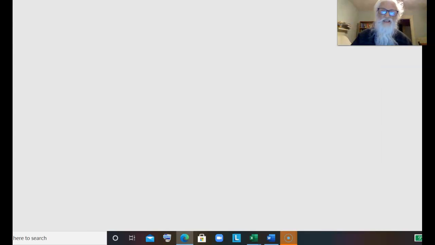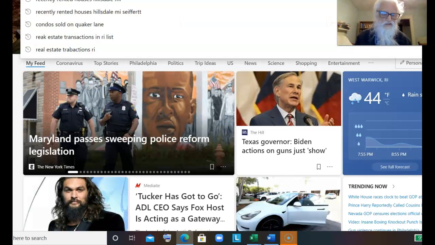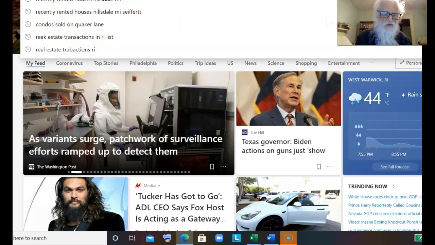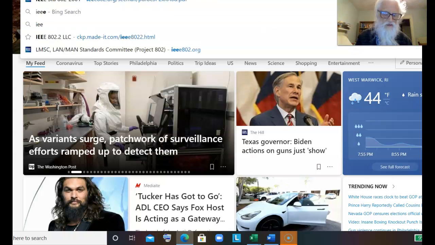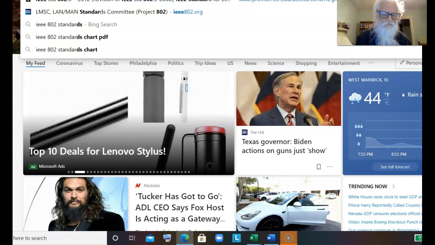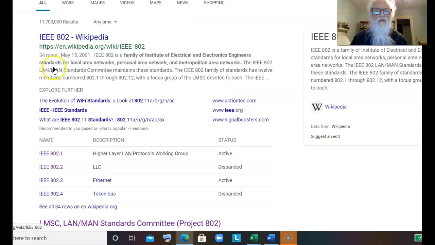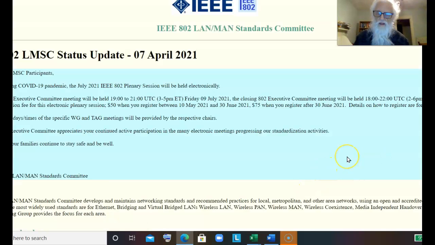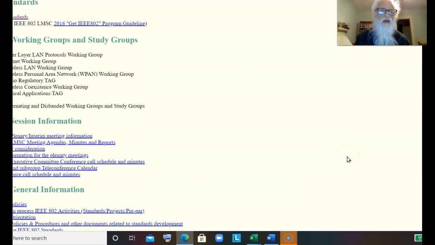I think I can show you the current IEEE 802 standards. And you can see here, 19 is wireless personal networks.